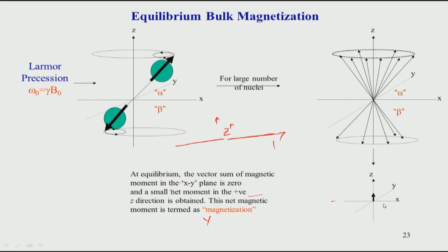This has come because the positive z values which came up from the alpha spins cancelled with whatever was in the beta, but these are not equal, because remember, according to the Boltzmann law, there are more molecules on this side compared to that side, and therefore, there will not always be exact cancellation of the z value, and the z value will be positive because more spins are up than down, and this vector what you see here is called the net magnetization.